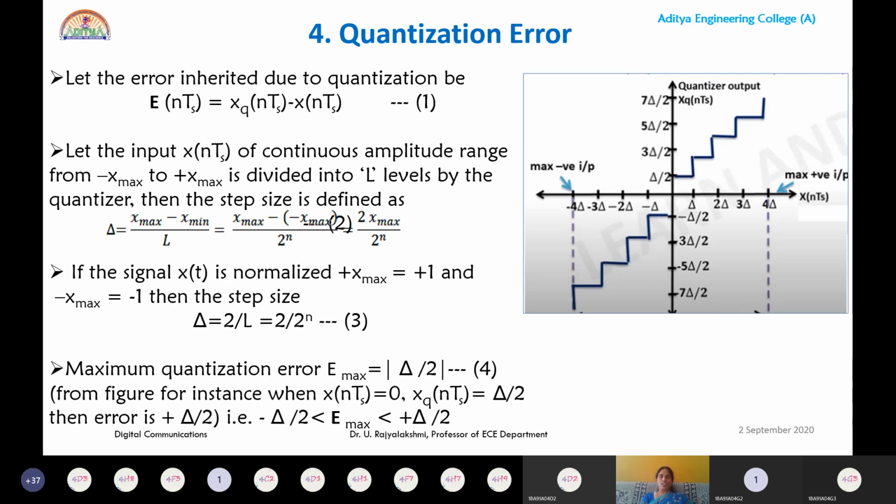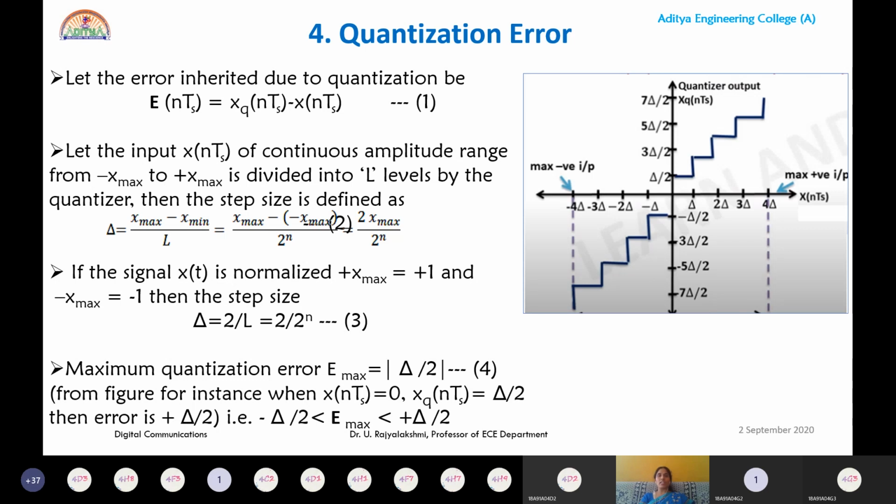Now, if you normalize the input signal, then the maximum value is 1. If any signal is normalized, it is normalized to a maximum value of plus or minus 1. So upon replacing x max as 1, equation 2 can be represented as delta equals 2 by 2 power n.